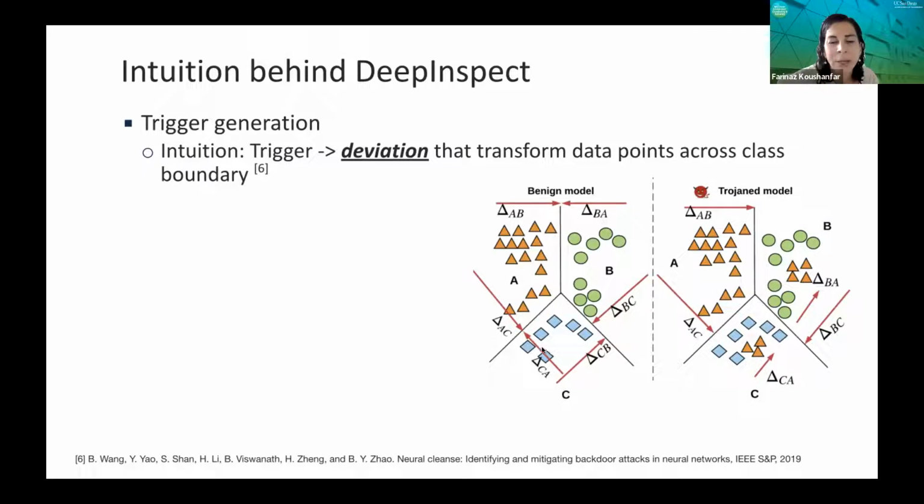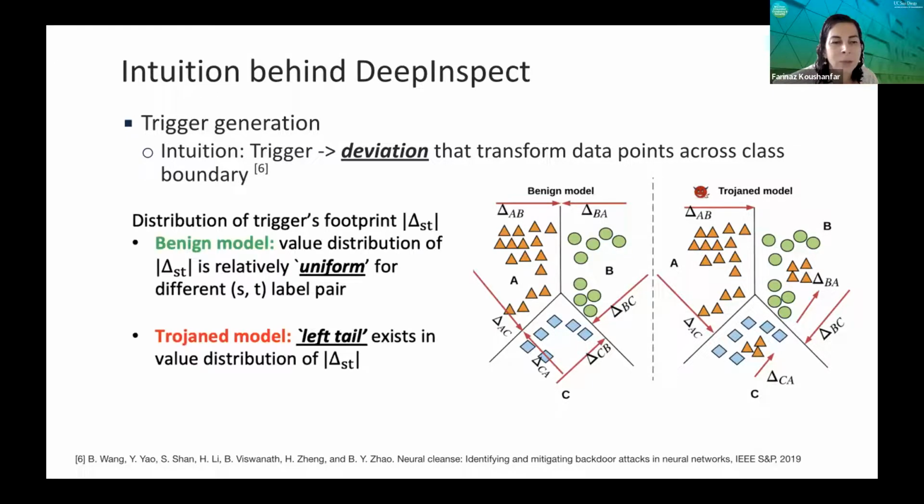Points that are close to the boundary can cross these boundaries if you make the trigger a little stronger. Here the triangles have crossed the boundaries of the circles and diamonds, and have been successfully classified within these boundaries.